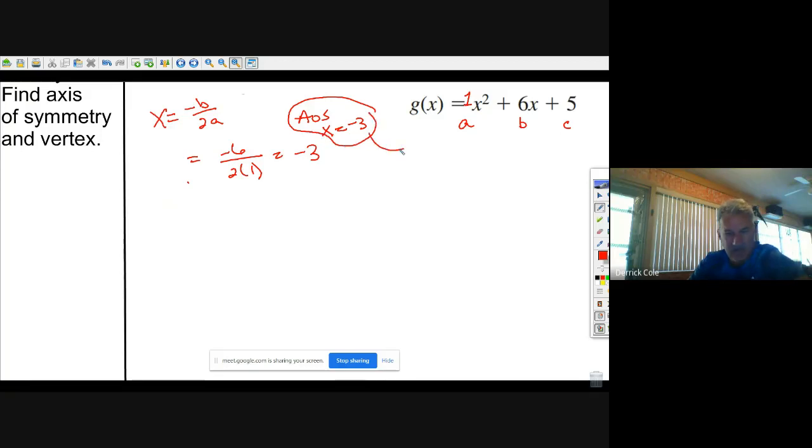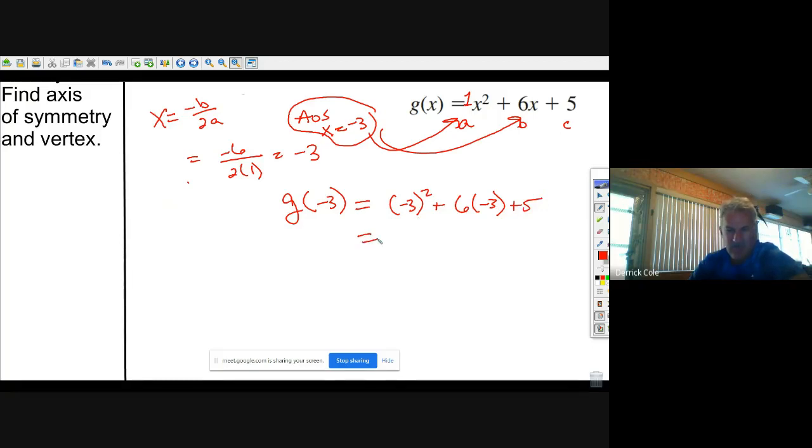Now I got to take this negative 3 and plug it in for x. All right. So g of negative 3, that's really the correct mathematical way to say it. That's going to be my y value: negative 3 squared. Don't forget to put that in parentheses. Plus 6 times negative 3 plus 5.